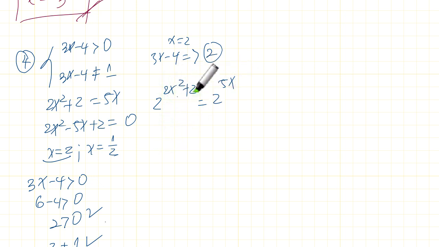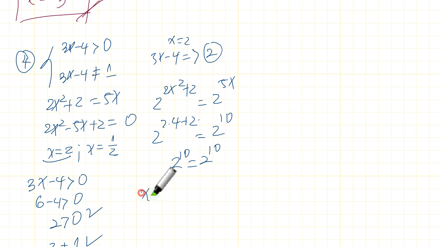Now replacing the 2 in here, we're going to have 2 to the power of 2 squared, which is 4, plus 2 is going to be equal to 2 to the power of 5 times 2, which is 10. This is 8 plus 2 is 10. We're going to have 2 to the 10 equals 2 to the 10. So it means, guys, that x equals 2 is a solution for our equation.